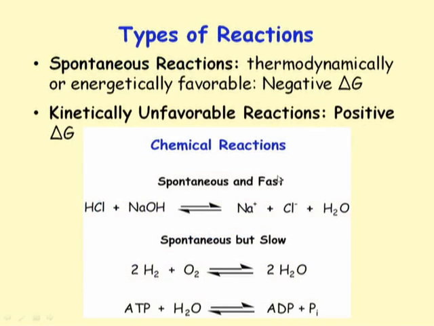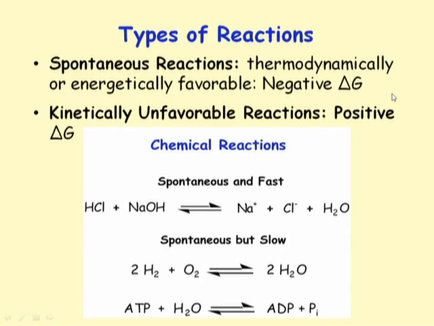So coming to the type of reactions, it is very important to understand that reactions can be spontaneous or they can be kinetically unfavorable. Whether a reaction is spontaneous or not is based upon its delta G, the free energy difference between the reactants and the products.